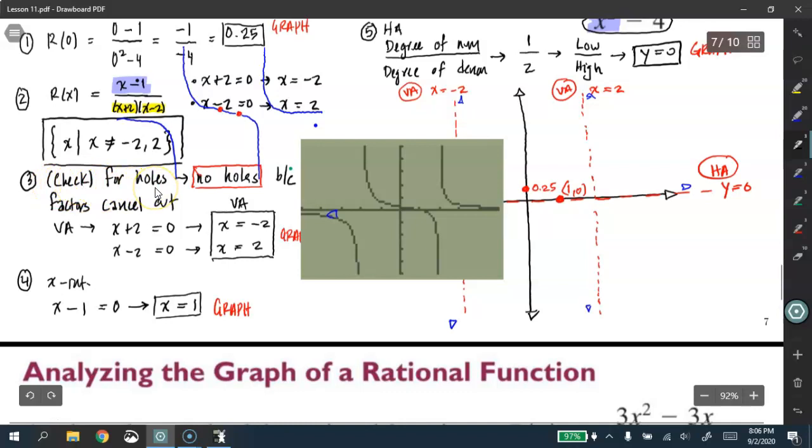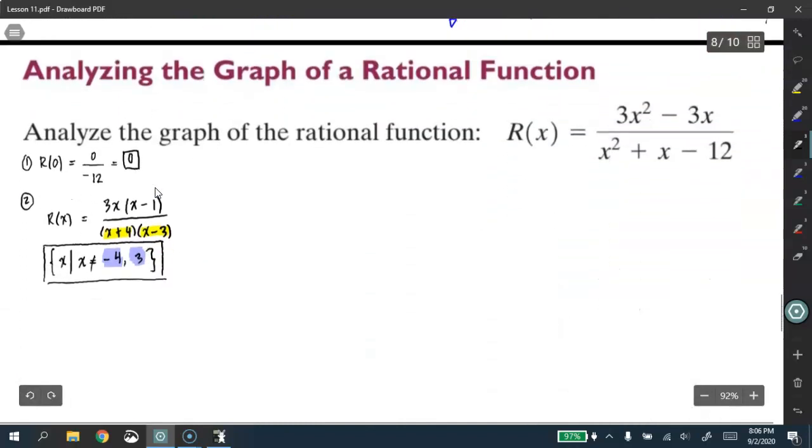We checked for holes. All right, so how do you check for holes? Once again, you basically check if anything factorizes in the numerator or the denominator and then cancels out. So there are no holes in this graph because nothing cancels out.